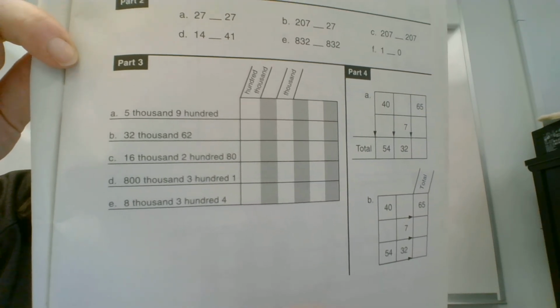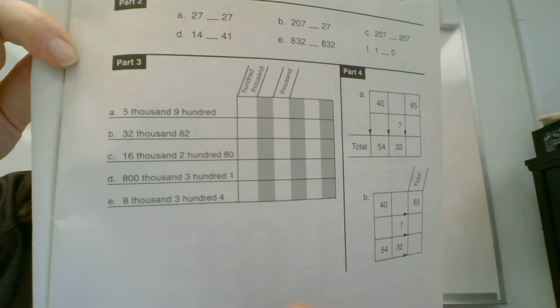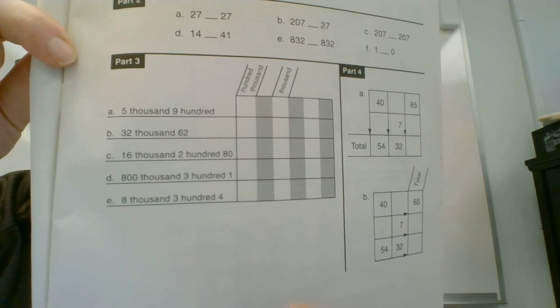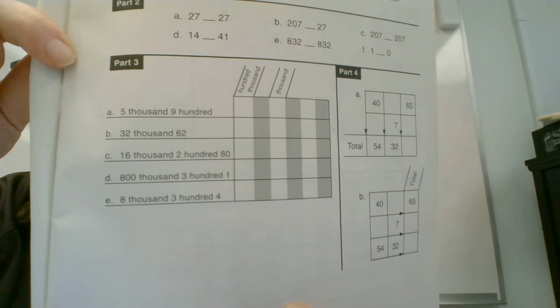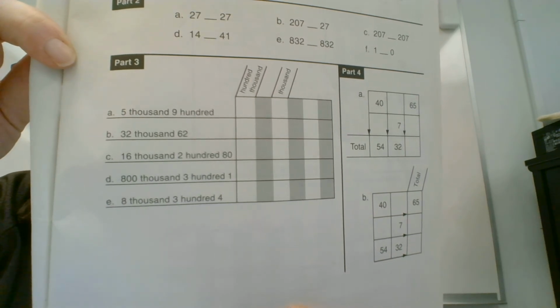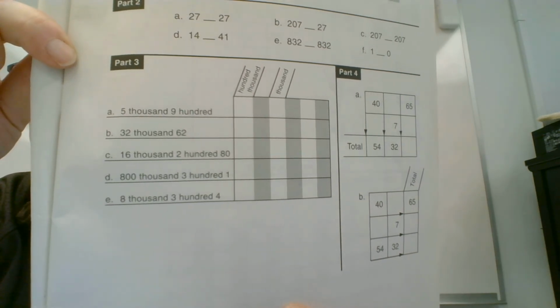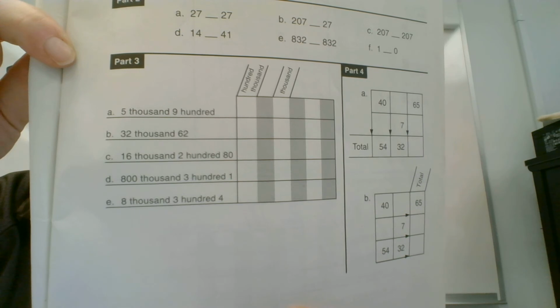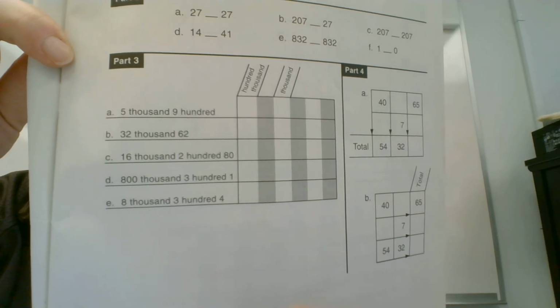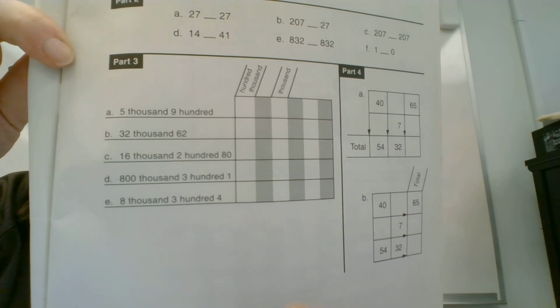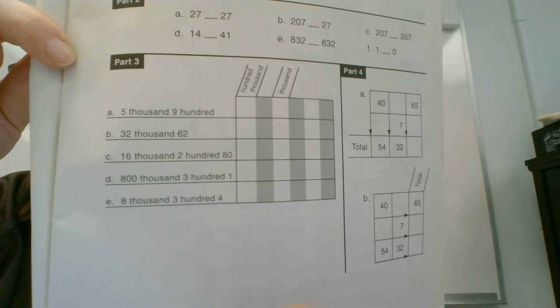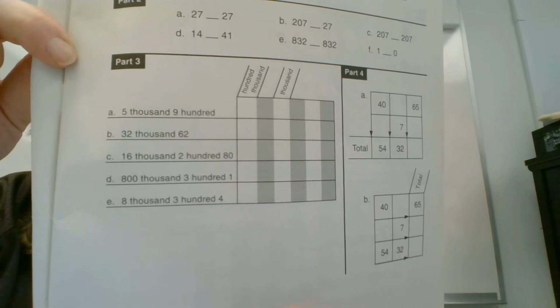So does 10,000. Read description A. Write the numeral. Remember your comma. Go ahead and write the numerals for the rest of the descriptions. We will check these when they are submitted.